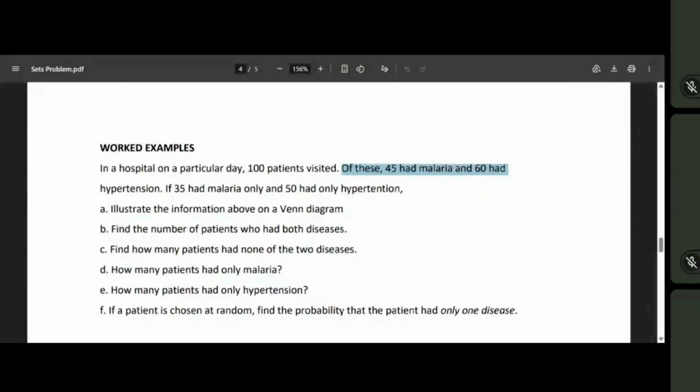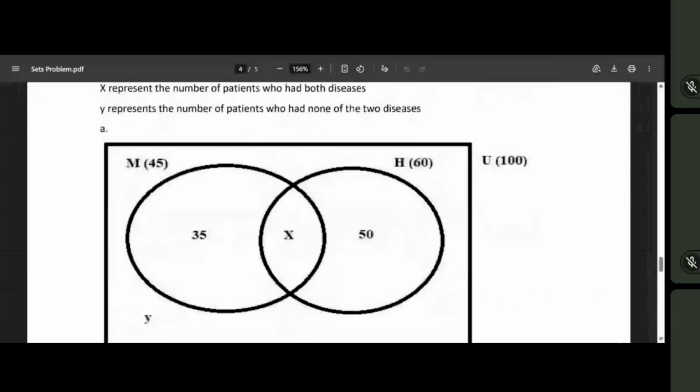They will give you others and omit some, and that is what you are going to look for. So it's not always that the 45 will be given. The 45 can be omitted, X and 35 will be given, and you'll be asked to find the 45. So you just add 35 to X and you get 45. We can also vanish the 35 and give you X and the 45. All you do is subtract X from 45 and you have your 35.